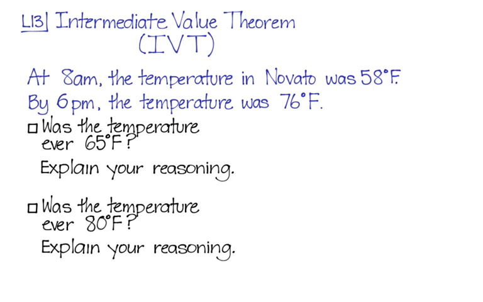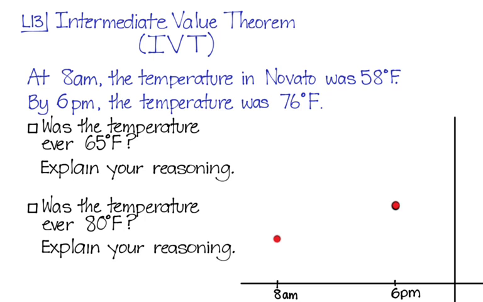Okay, now that you've discussed and you started the video back up again, let's look at this situation on a graph. So if I just quickly graphed this data and said, here's 8 o'clock in the morning and here's my temperature of 58 degrees, and here's 6 p.m. in the evening, and there's my temperature on this graph, and I put them here on this vertical axis.